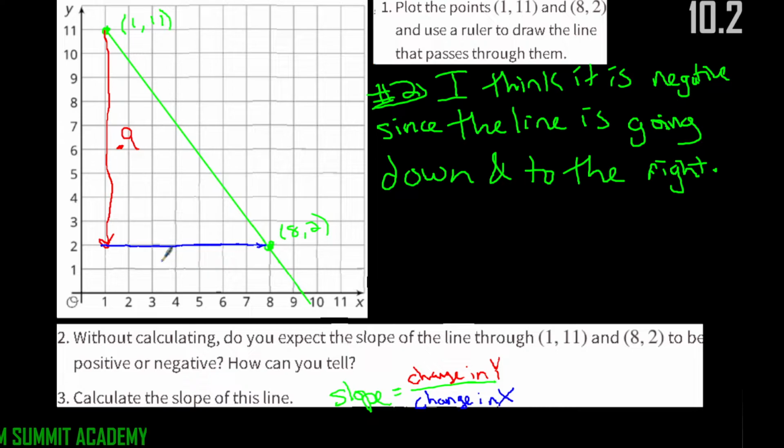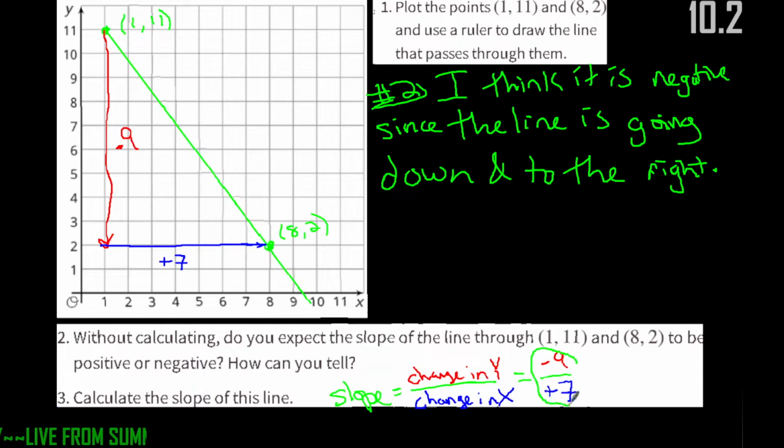So I'd have plus 7. So my slope equals change in y, minus 9, over change in x, plus 7. So make sure you can write your slope like that. That's one way of solving it.